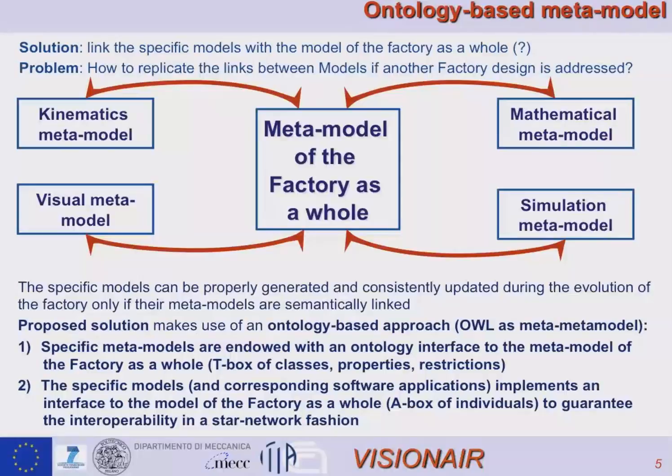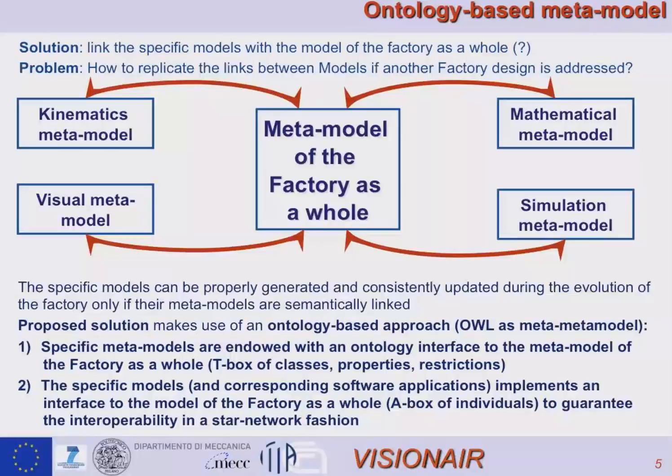So we use an ontology-based approach considering two sets of meta models. One is called the T-box, that is the kernel of the whole data structure, and provides general assumptions about how the factory works, how the resources work. So a T-box contains classes that represent general concepts like machine, resources, a product, process, and so on.